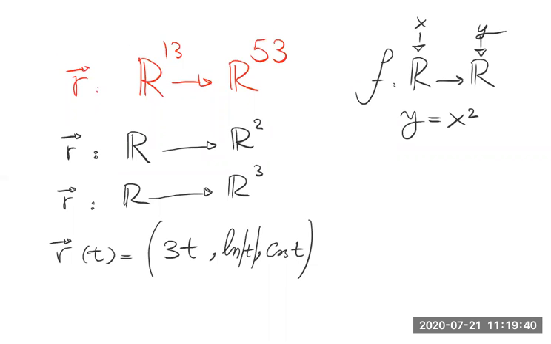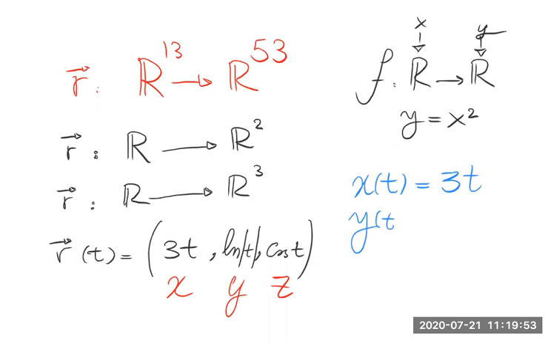Here in R3, we show these variables with x, y, and z. So x is a function of t, it's 3t. y is a function of t, it's ln of absolute value of t. And z is a function of t, it's cosine of t.